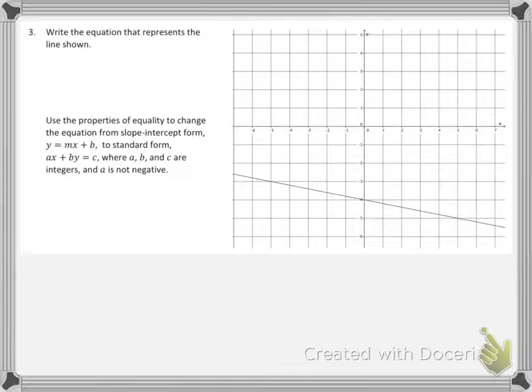All right, number 3. Again, I need to write the equation. So first thing I need is where the line crosses the y-axis, and that looks like it's at negative 4. So I'm going to have y equals something times x, and then the y-intercept is negative 4.